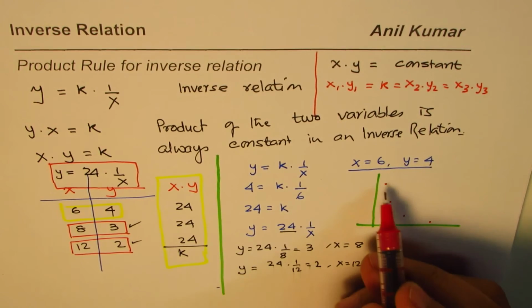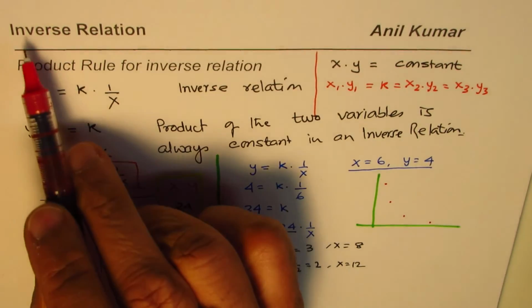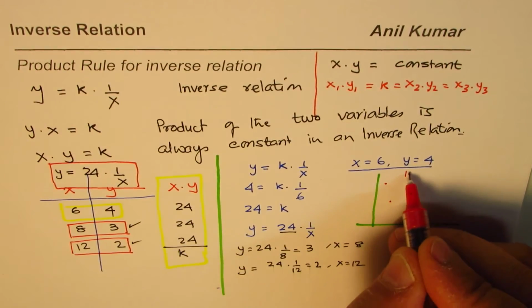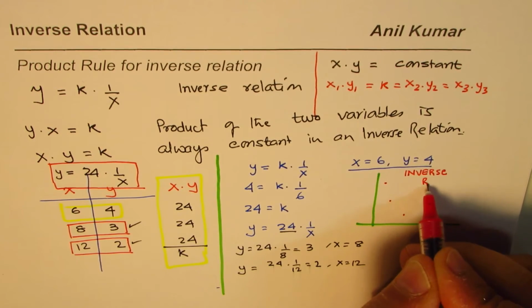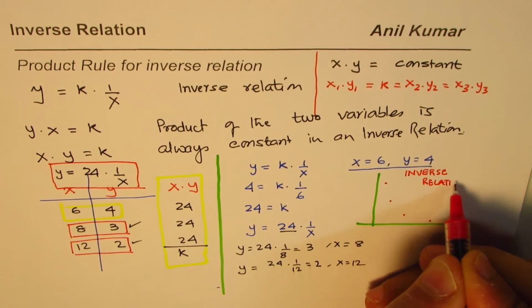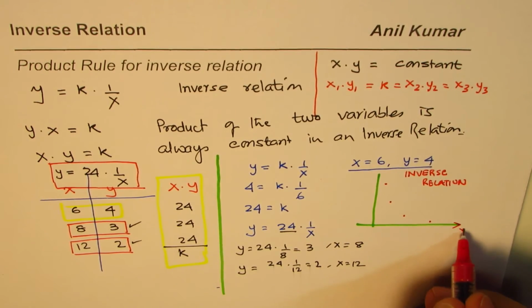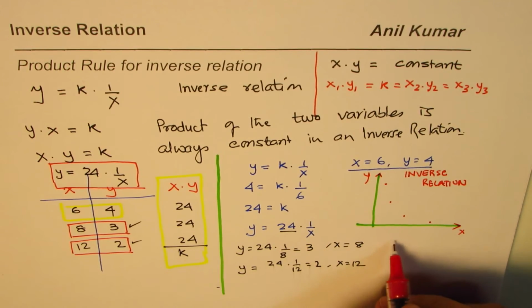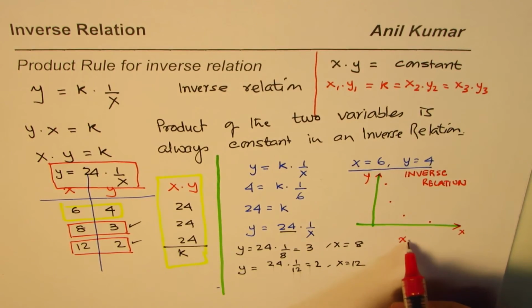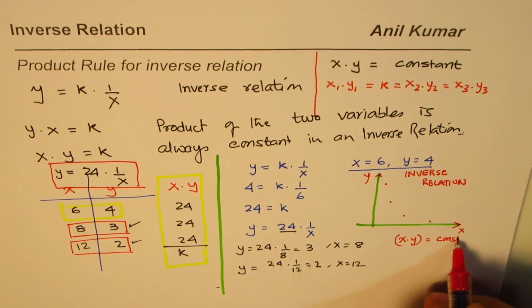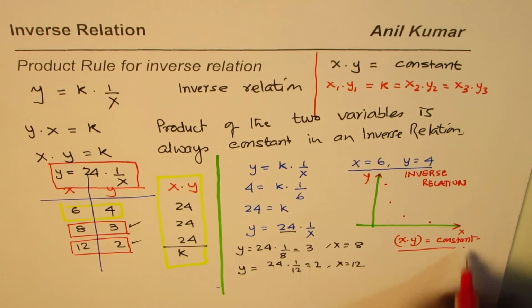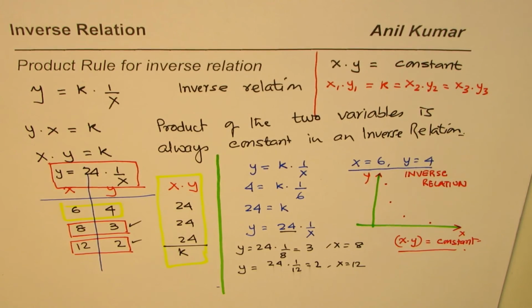You'll find that if you consider any point on the graph of an inverse relation, then the coordinate values of x and y, when multiplied, will result in a constant. Do you understand that point? This is what we want to highlight in this particular video.